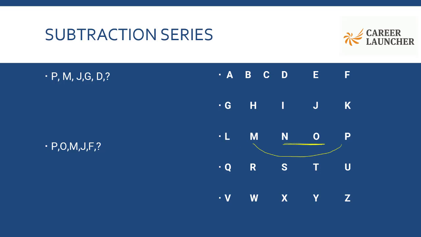After M, we have moved to J, then G, then D. So here we are seeing we are doing again minus 3. We are moving 3 places backward with each alphabet. So after D, I will drop 2 alphabets in between. And the alphabet to come in place of question mark would be A.